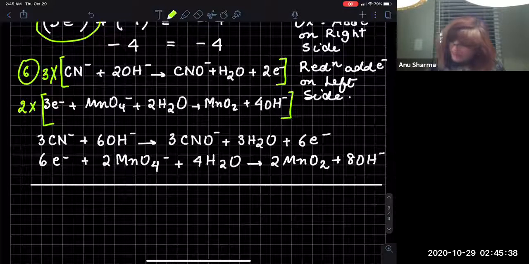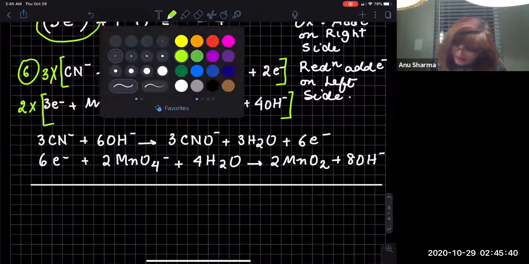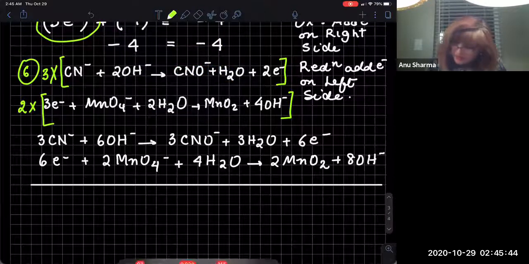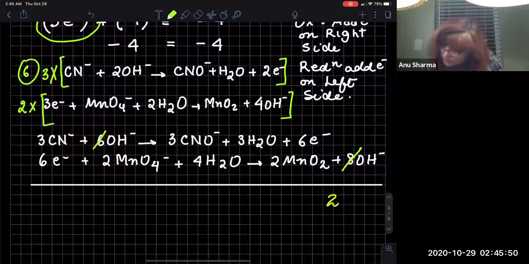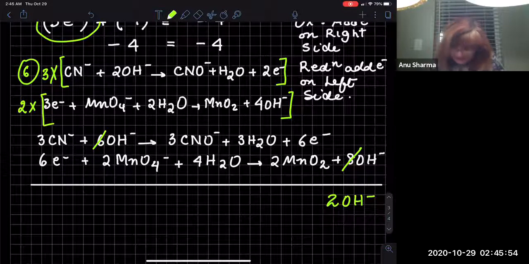So what are the things that are canceling out? There are 6 OH, and this is the 8 OH, so that is going to leave us with 2 OH negative. What else canceled out? The 6 electrons and 6 electrons get canceled out.